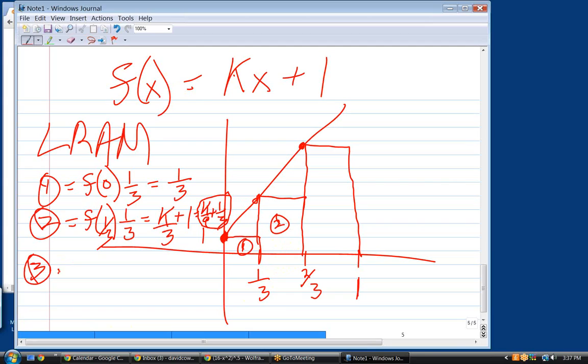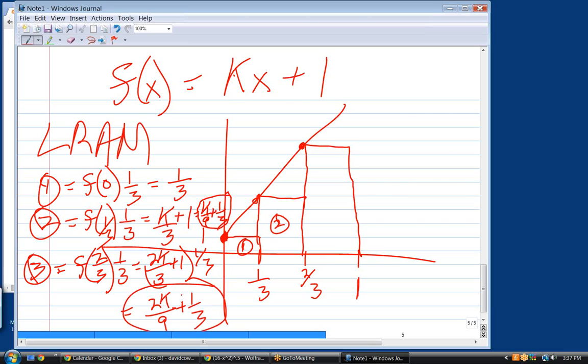And rectangle number 3 is f of 2/3 times 1/3. F of 2/3 is 2k over 3 plus 1, times 1/3, which is 2k over 9 plus 1/3. So the 3 things I have circled there are the area of the 3 rectangles.